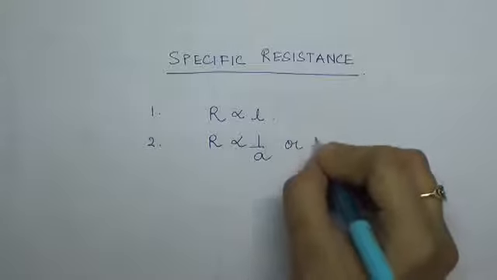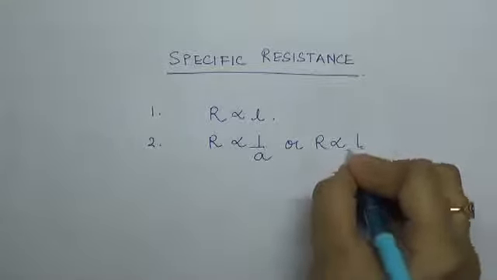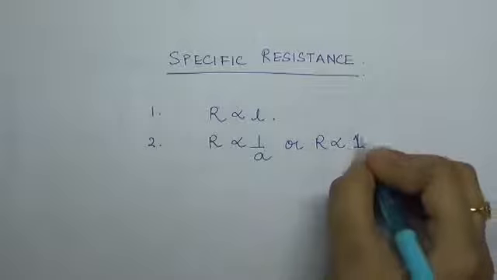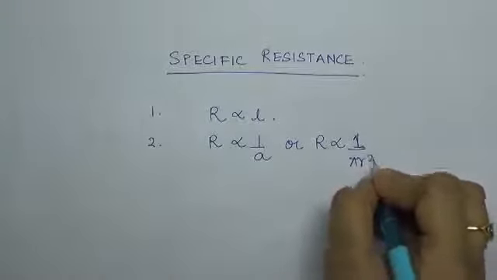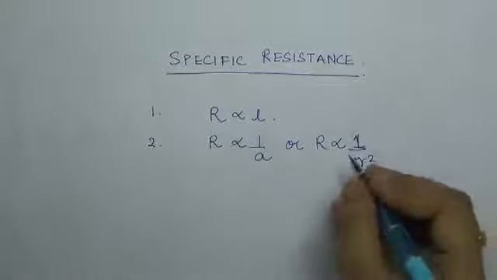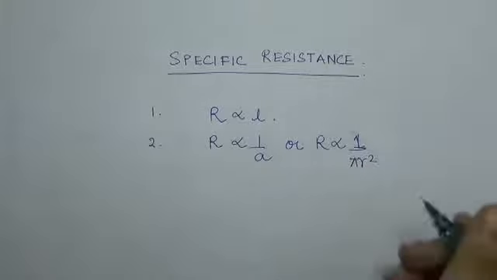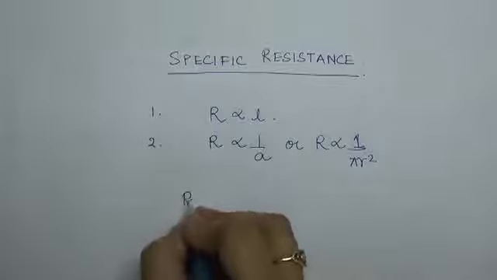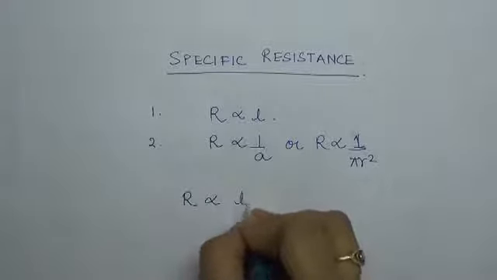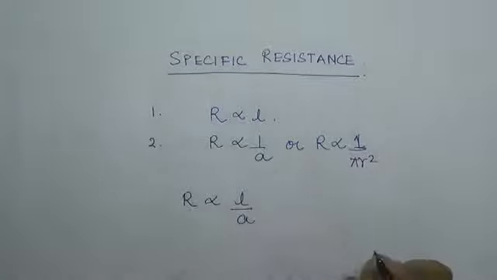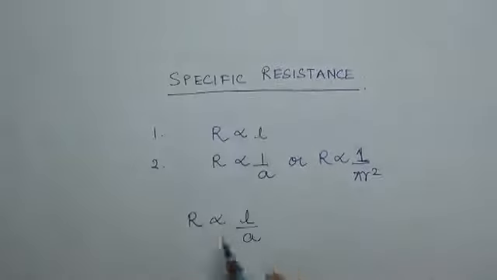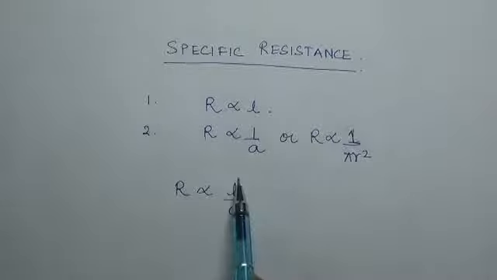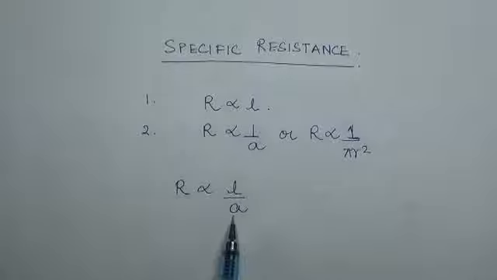The area of a cross section of a wire is pi r square. Now if I write them together, can I write it like this? R is directly proportional to L by A. From here we get both R directly proportional to L and R inversely proportional to A.